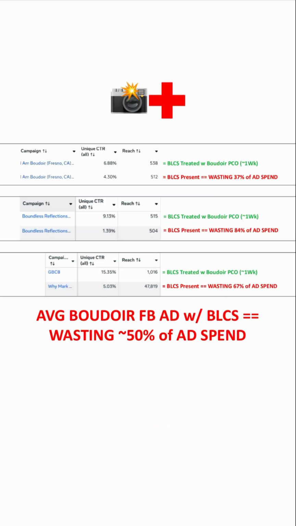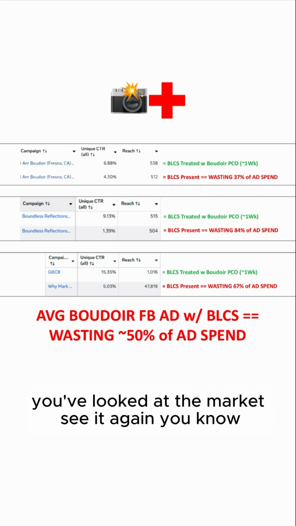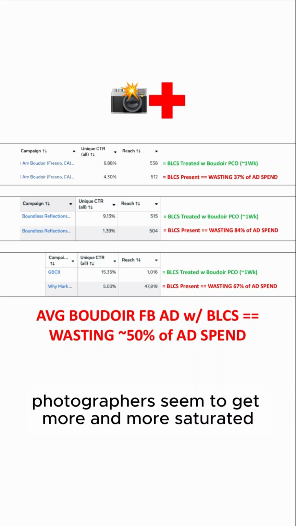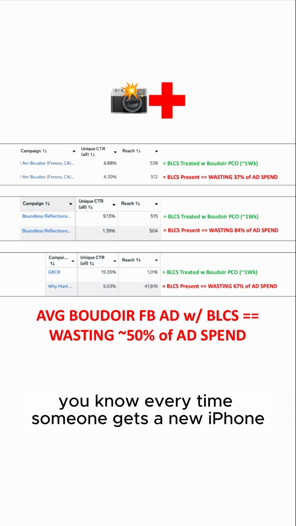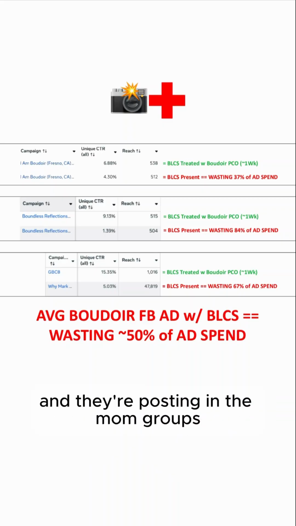and you spend more than 10 grand a month on Boudoir Facebook ads, and you've looked at the market, you see it again, for boudoir photographers, it's getting more and more saturated. Every time someone gets a new iPhone, they're throwing up a Google My Business profile, saying they do boudoir shoots now, or they get a new camera and they're posting in the mom groups saying they do boudoir shoots now.